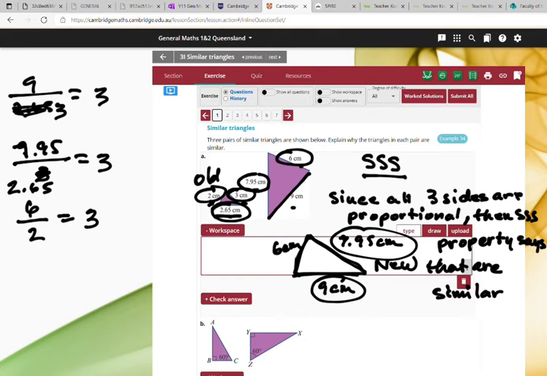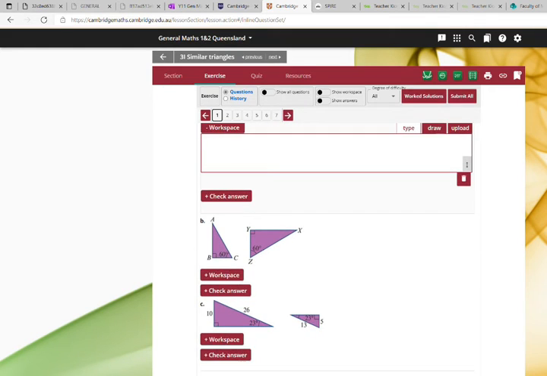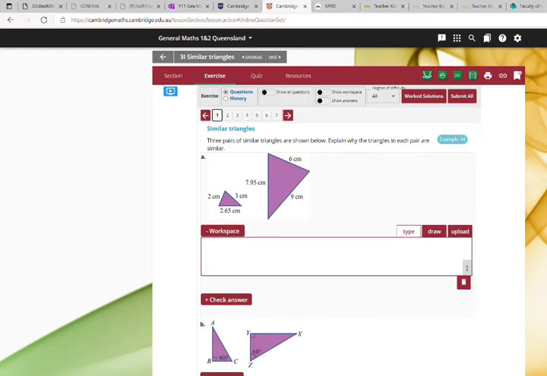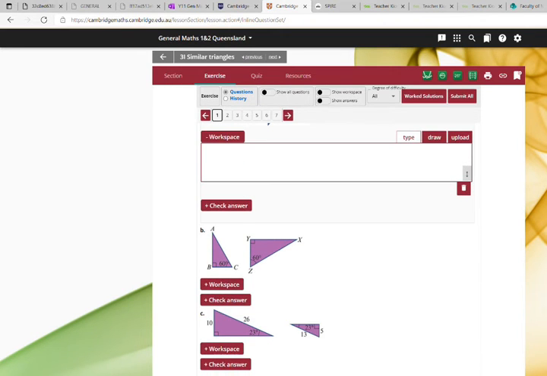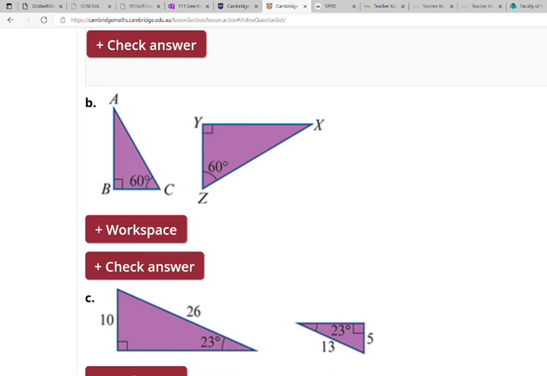Now, other properties that you're going to use. Let's see what else they do to you. All right. Let's look at a couple of others. So if you look at this one, I know that one angle is 60 degrees, and the little square in the corner tells me that that is a what?